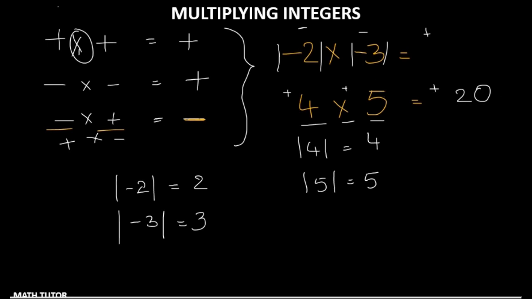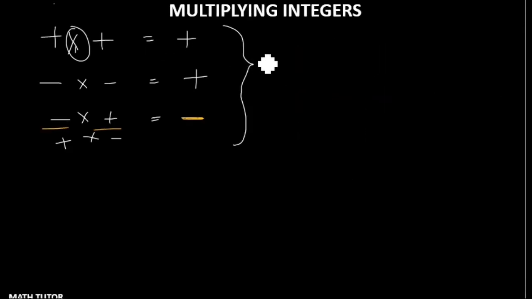Okay, let us consider an example where one integer has a minus symbol and the other has a positive sign. We all know to multiply we should consider the absolute value of the integer.